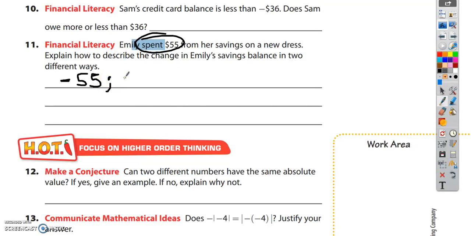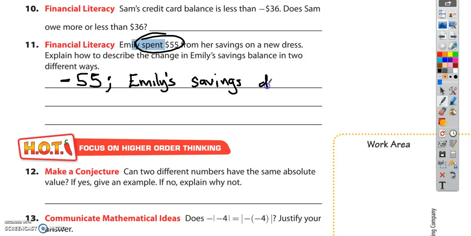Now what we're looking for here is that you can also use the absolute value. The absolute value is, you could say, Emily's savings. Now what word are we going to be able to use here to describe that her savings went down? I would just use the word decreased.